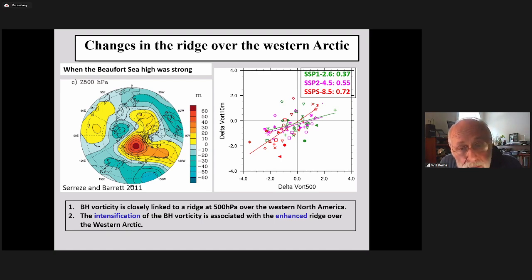Anomalous positive geopotential height over the Beaufort high region is a polar extension of the amplified West North American ridge, and changes in the Beaufort high are well correlated with changes in this 500 hectopascal height. We can see that in the right panel, the correlation of 0.72 for scenario 8.5. It's not quite as high for the other two scenarios, and that's for the last two decades of the 21st century.